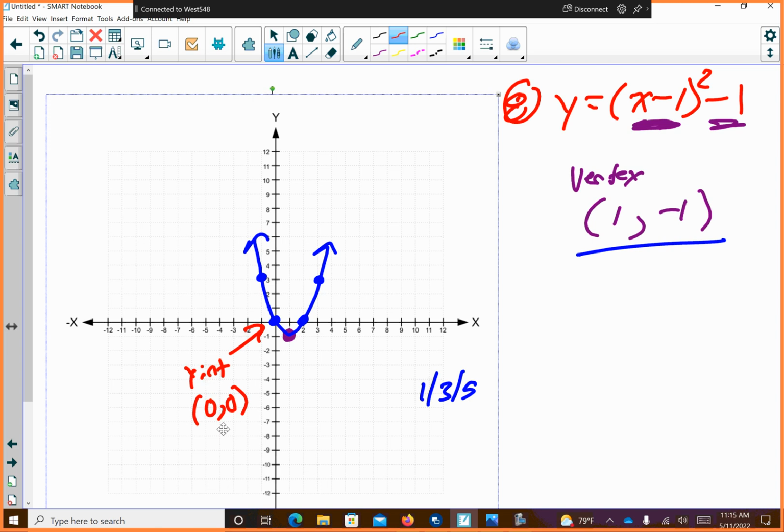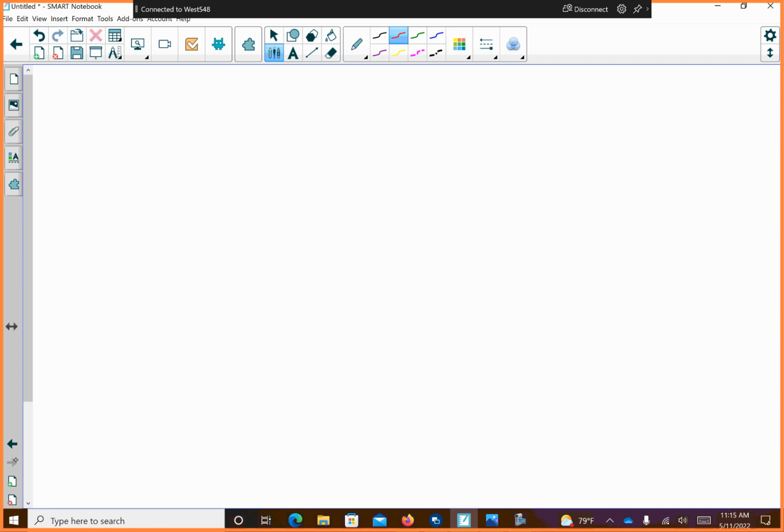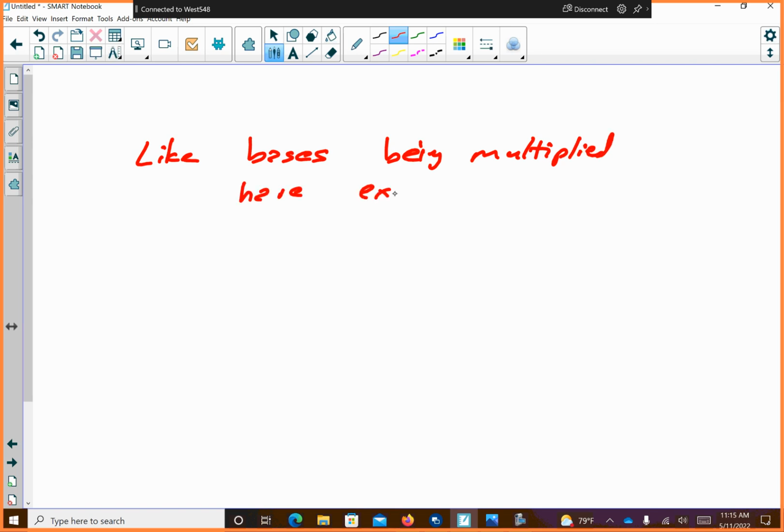So, let's think about a few things that we talked about in this unit. Like bases being multiplied have exponents added.